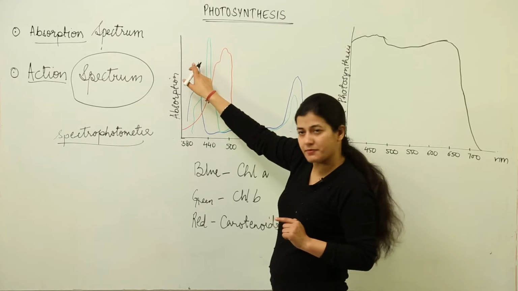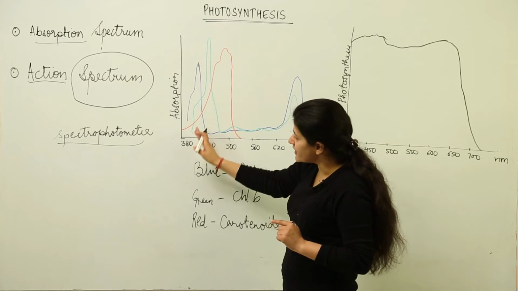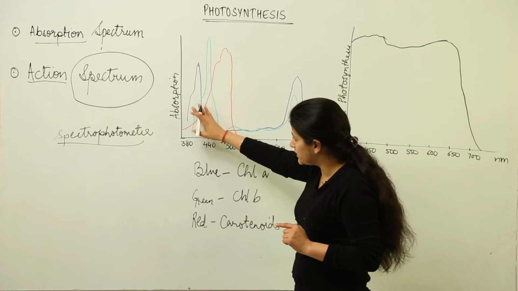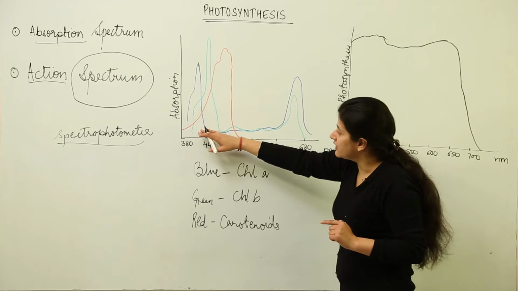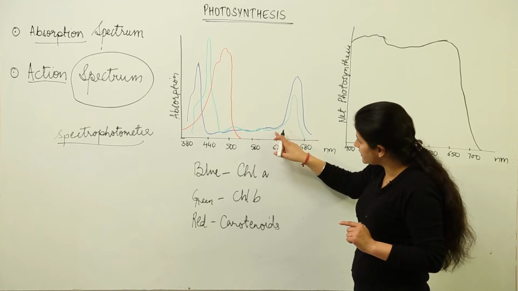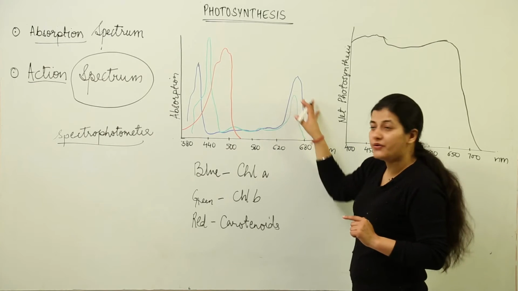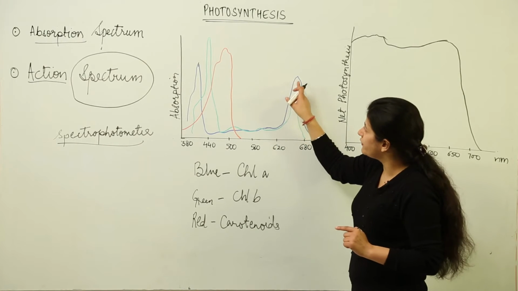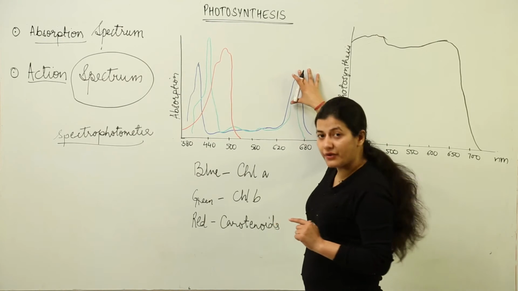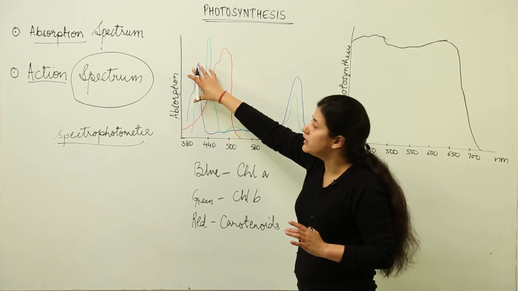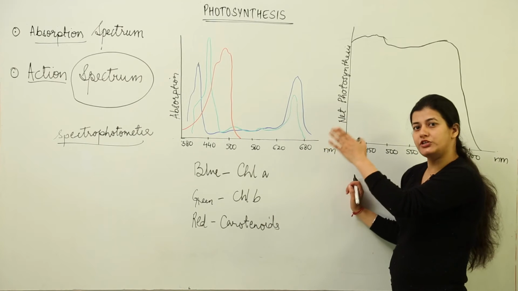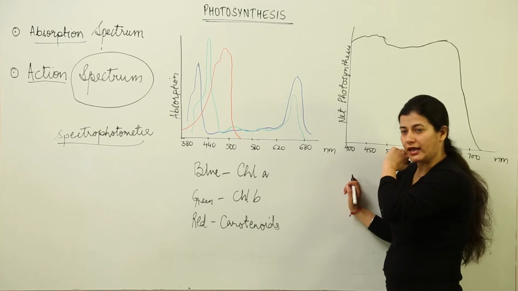This is the maximum absorption that it is showing, that is the violet, blue and indigo region. As we move further, the wavelengths are increasing. The absorption declines to a great level, and later rises in the red region again. So chlorophyll A shows absorption in the violet and the red regions, where it is absorbing the maximum wavelengths for taking up the energy. So this shows the absorption spectrum of the chlorophyll A pigment.